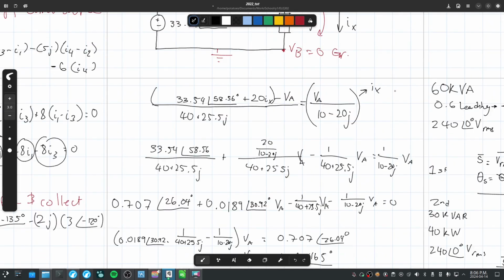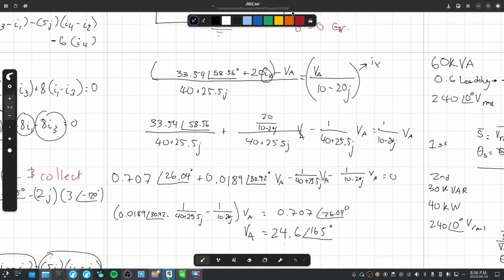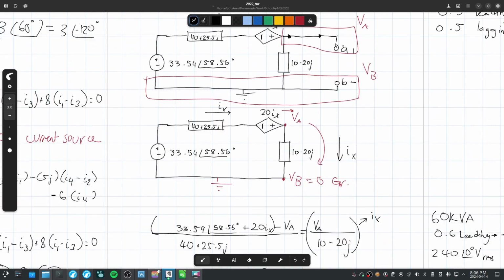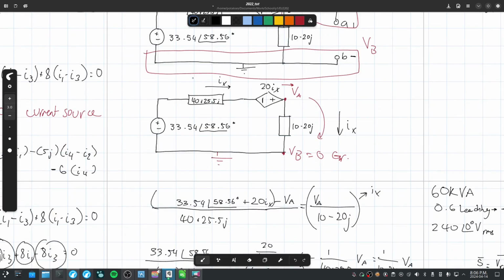I mean in the equation. Oh, are you asking about this Ix? What about it? Yeah, we just substituted it in. This is Ix because the current running through the entire circuit is the same. It's subtracted by VA. Just like that, 20 times Ix minus VA.